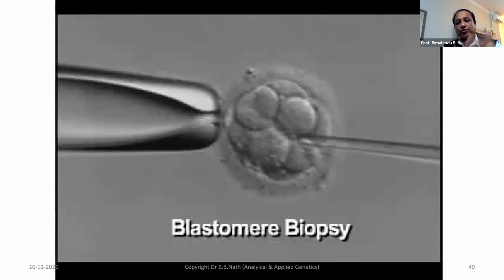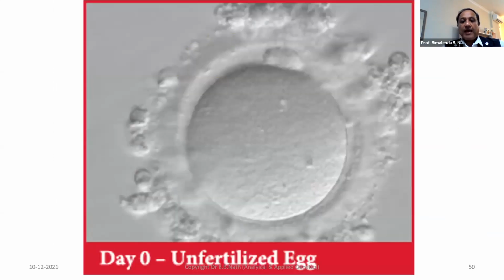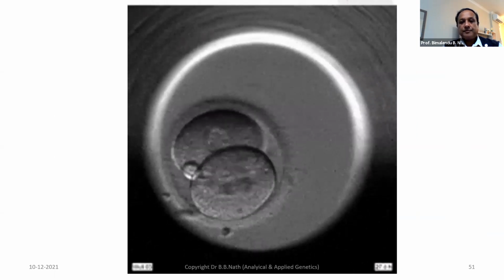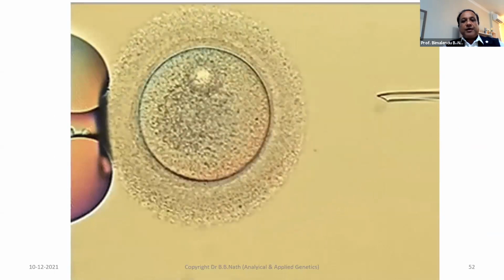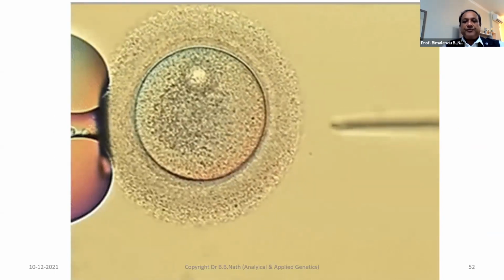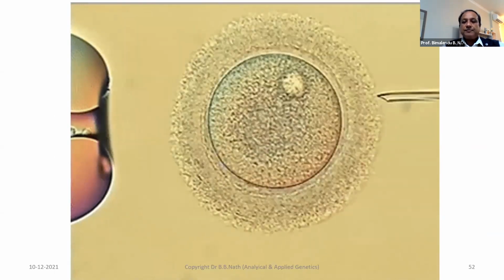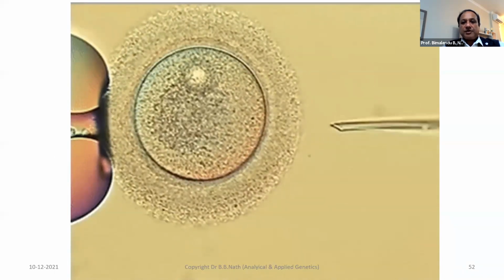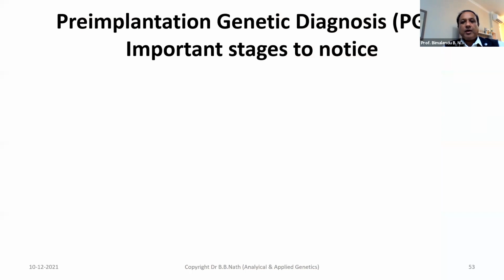After zygote formation, they quickly divide, so you can take a small side blastomere and then do the analysis. Here you can see some videos of how it is done. This is done under a microscope.